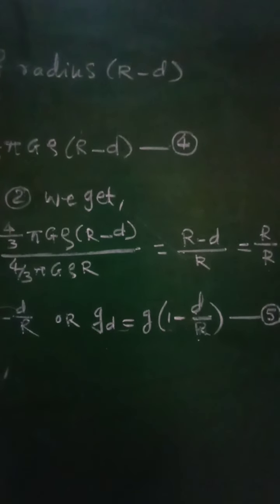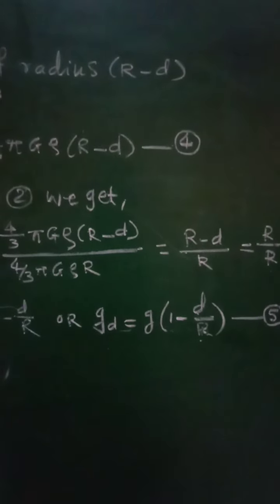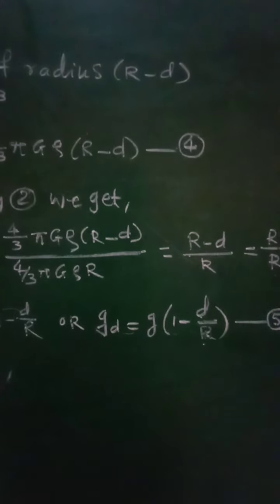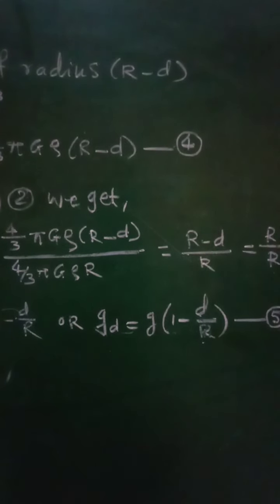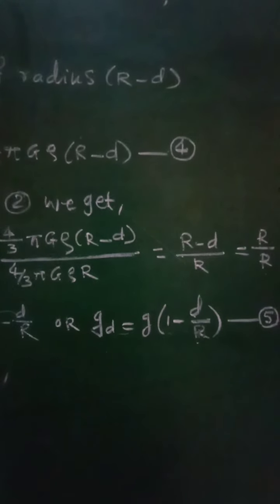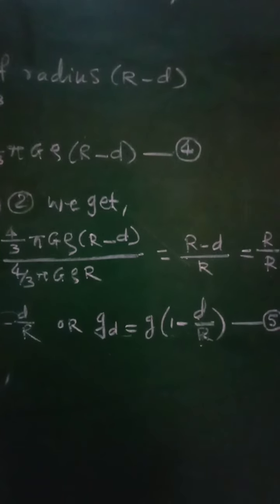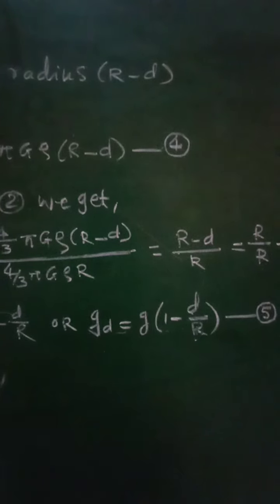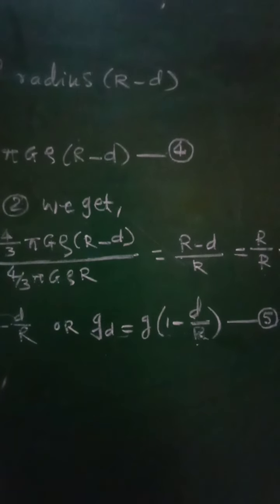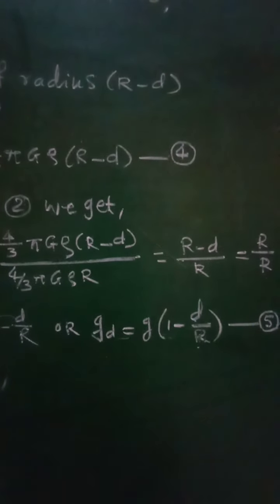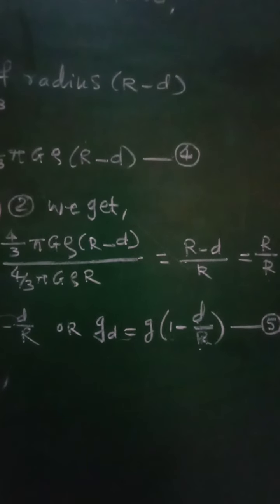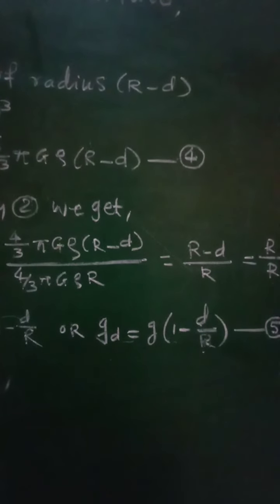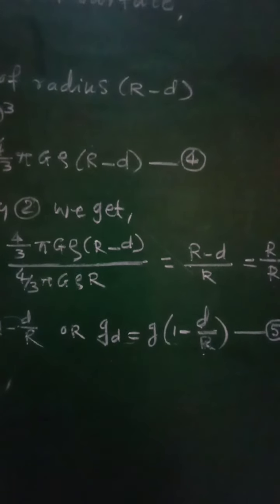And therefore we can say that only on the earth's surface the acceleration due to gravity g is maximum. As we go up or below the earth's surface the acceleration due to gravity goes on decreasing, and only at the center of the earth the acceleration due to gravity will be equal to 0.